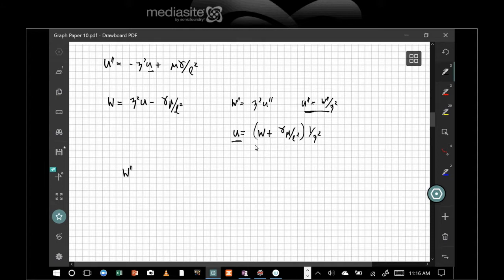If I do that, I get w double prime over eta squared, and then here I get minus eta squared. That's from that term there. So minus eta squared times all this stuff that's u. Okay, and I get this bad boy here.